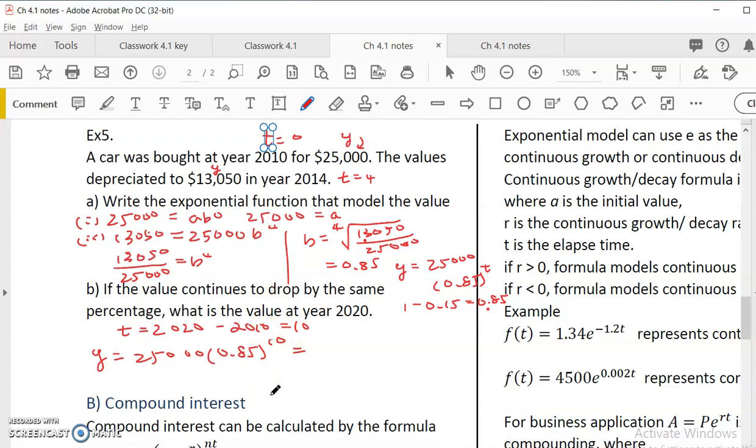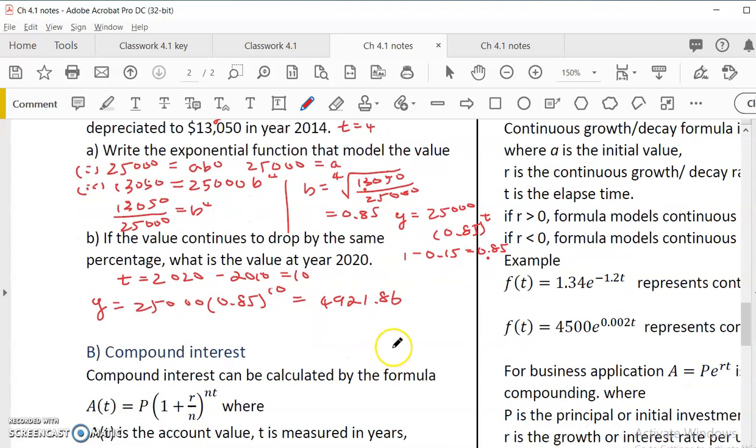So 25,000 times 0.85 to the power 10. That will be 4921.86. And you can check that to the power 4, it is 13,050. So this is the right answer.